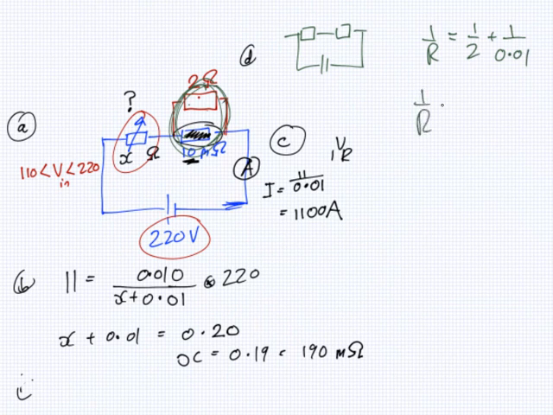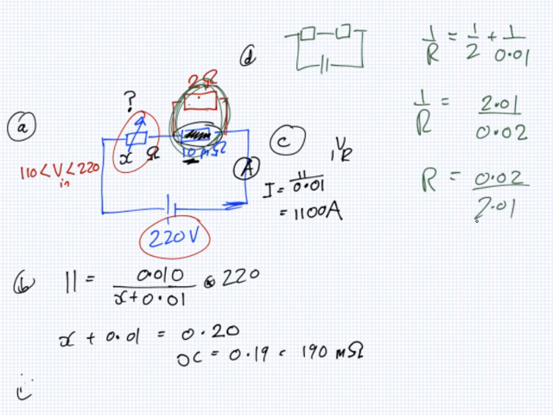So that's 1 over R equals 0.02 over 2.01, so R equals 0.02 over 2.01. What's that, please? 0.00995.